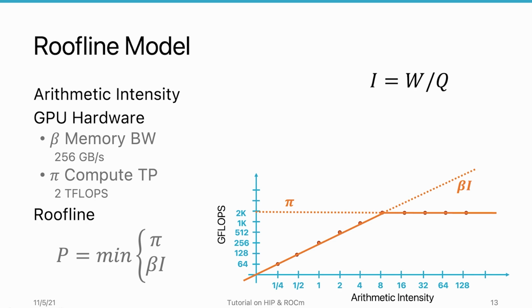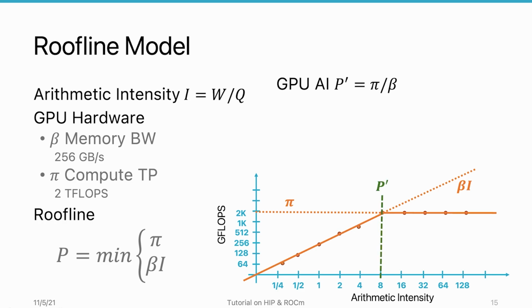If we look at the turning point, it's a special point. We call it the arithmetic intensity of the GPU itself, represented by I prime, which equals pi divided by beta. Assuming we have some workload that falls in this region, its arithmetic intensity is smaller than the GPU arithmetic intensity. In this case, it's bounded by the memory bandwidth of the GPU, and not by the computing capability of the GPU.